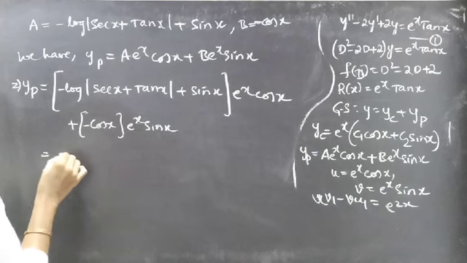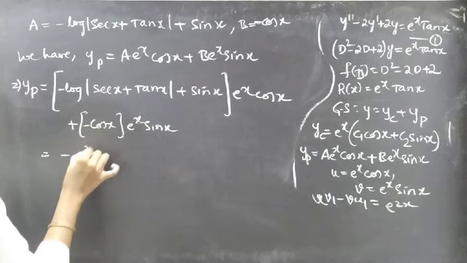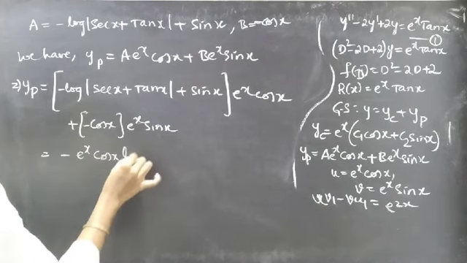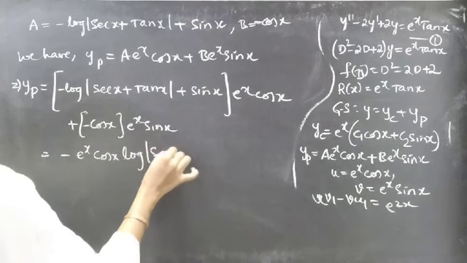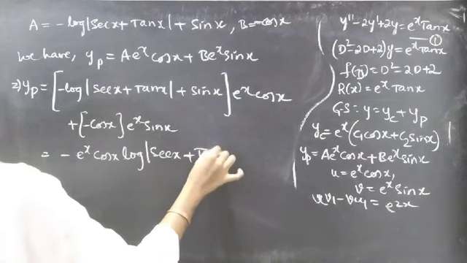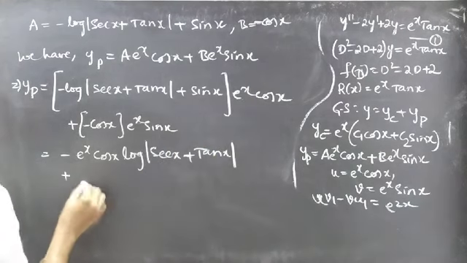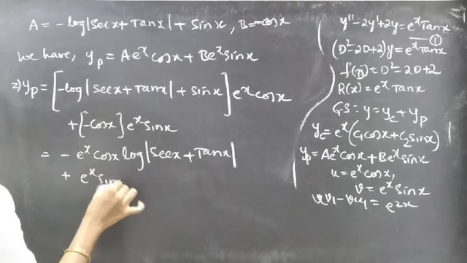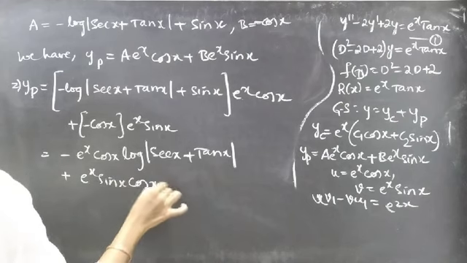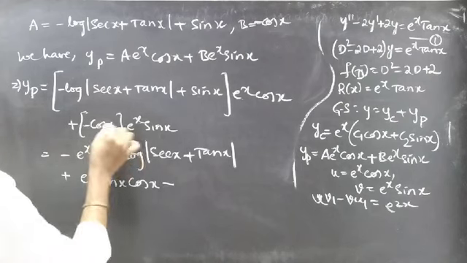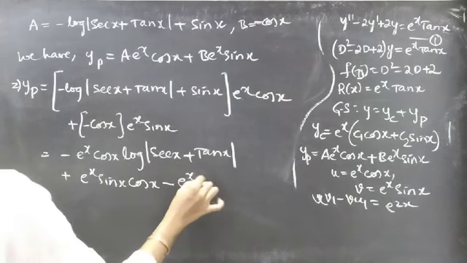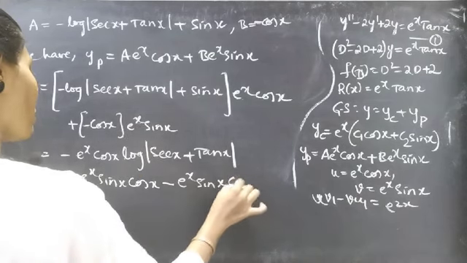From this we'll get yp equal to minus e power x cos x log mod secant x plus tan x plus sin x into e power x cos x is e power x sin x cos x, plus into minus minus cos x into e power x sin x is e power x sin x cos x.